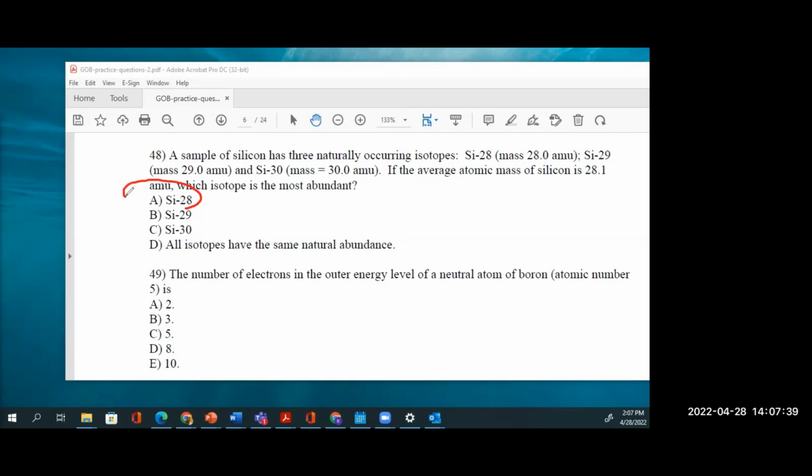If it's close to 29, then 29 was the most abundant. Technically, there's a way it could work out that you have a lot of 30 and a lot of 28, but if it's closer to 30, then you know that 30 is most abundant.